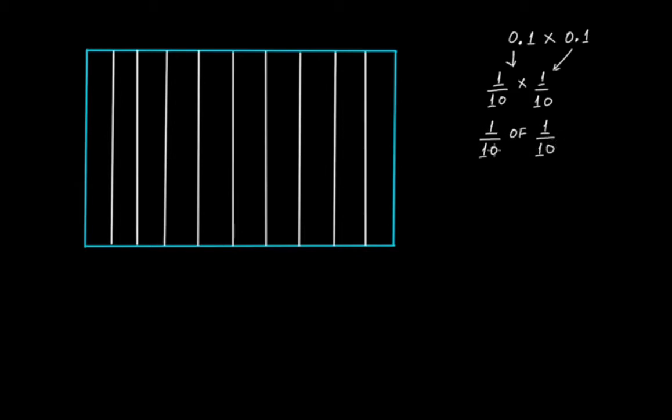So 1/10 of 1/10. It means that if this is a single unit or a whole, and we focus on this 1/10, and if we divide this single whole into 10 equal parts, 1, 2, 3, 4, 5, 6, 7, 8, 9, and 10, a whole has been divided into 10 equal parts, and you have to take only one part.